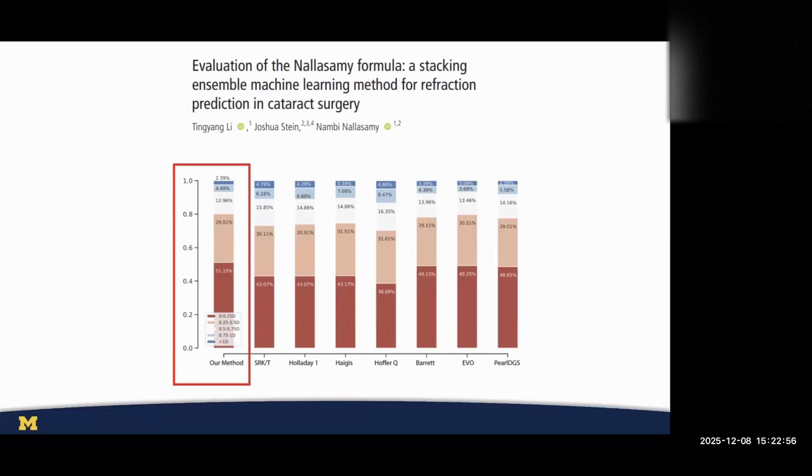And they determined that this machine learning based method was more accurate than any other IOL power calculation formulas that they compared to. But there are some caveats to this.